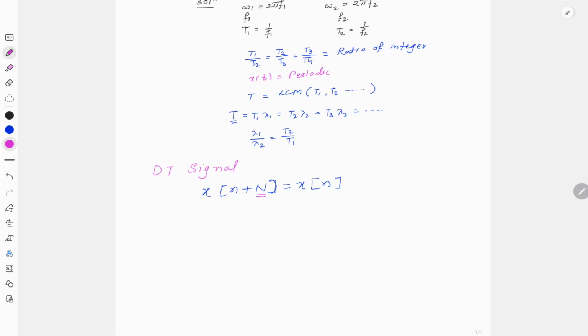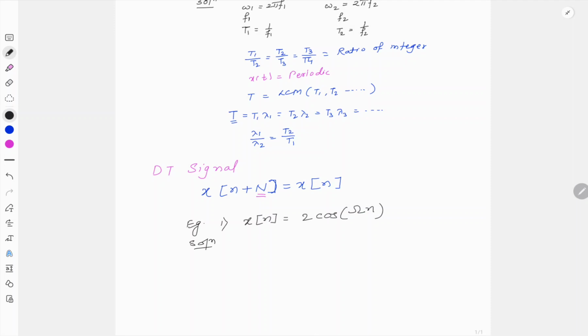Now whenever we have to find out whether a signal is periodic or non-periodic, in the continuous case our equation was x of t equal to, let's say, 2 cos of omega t. Here, since it is a discrete signal, this representation will not be in terms of t. It will be x of n equal to 2 cos of omega n, where we are using capital omega.